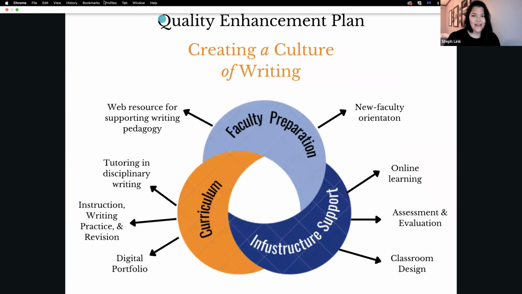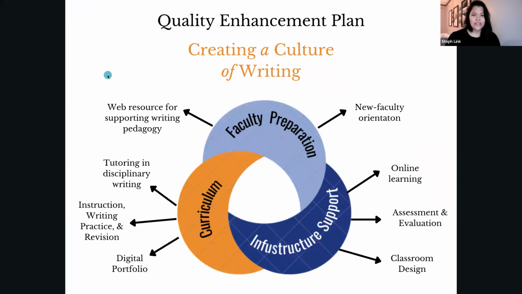This idea that we're able to stimulate this quality enhancement plan of creating a culture of writing. At your universities, you may think about how you are bringing your expertise as maybe a writing specialist and helping to cultivate that love for writing on your campus.